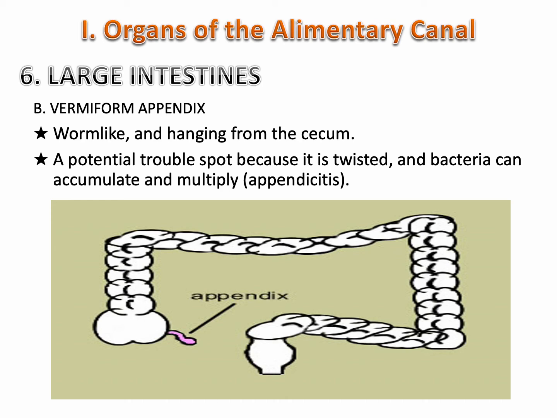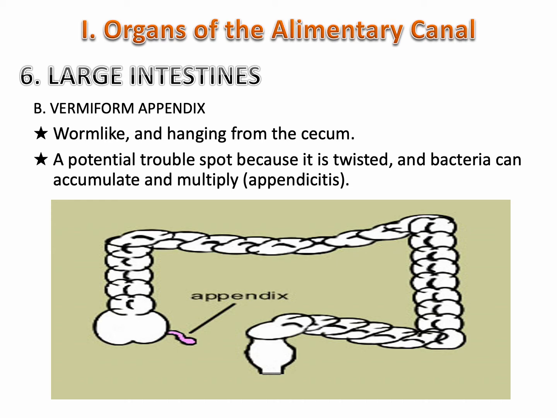The appendix actually is a potential trouble spot kasi twisted siya. And dahil wala ditong peristalsis, no, maaaring magkaroon ng pagkaipon ng bacteria, it can accumulate and multiply. It's a condition called appendicitis. Actually, it's an emergency.